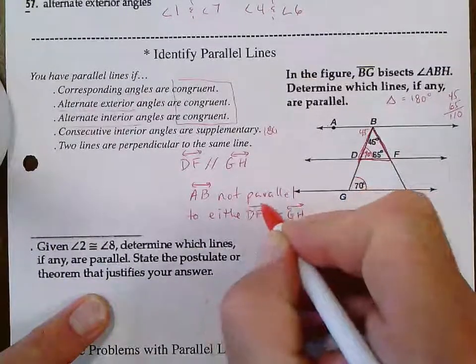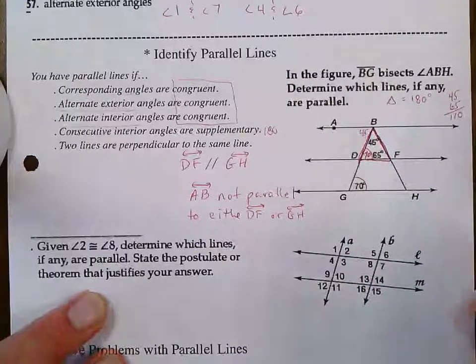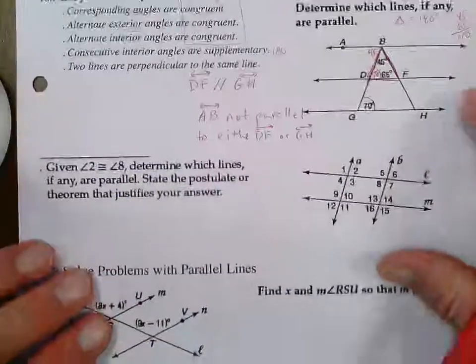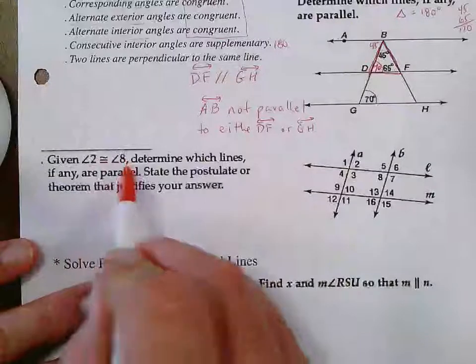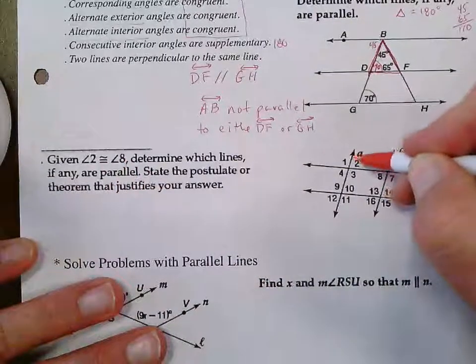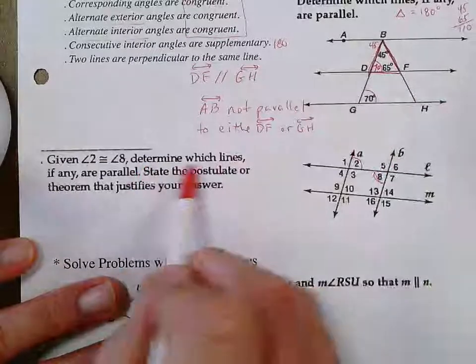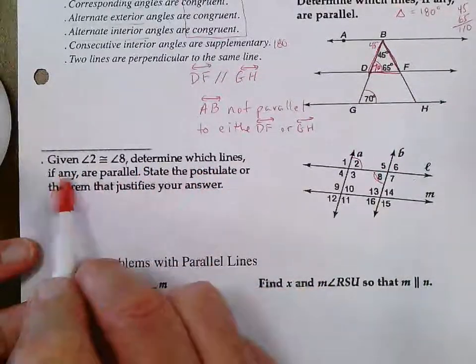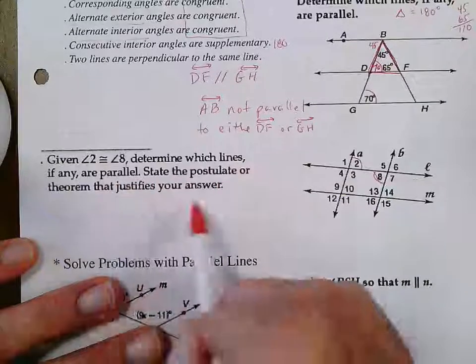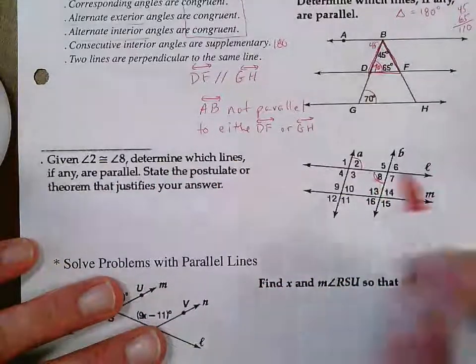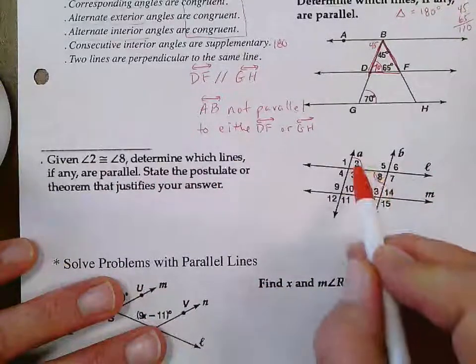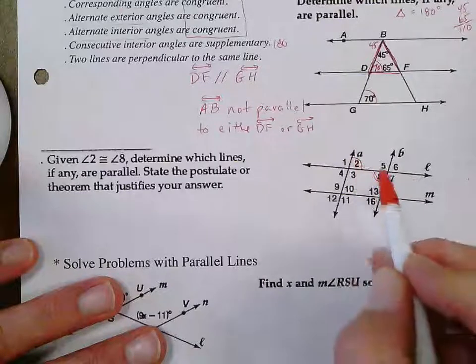Okay. Again, you can watch that over. I think you're going to find this a little easier down here. Given angle 2 is congruent to angle 8. So where's 2? Here's 2, congruent to 8. Determine which lines, if any, are parallel. State the postulate or theorem, so basically, tell me why. So here's 2, here's 8. They're congruent. I can tell they're alternate interior angles.